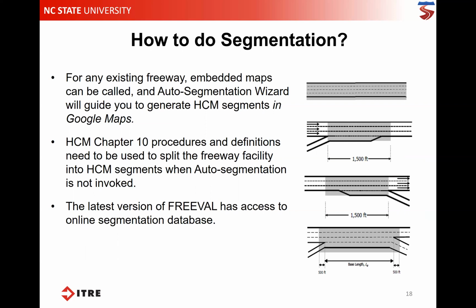If you do have a database, then obviously it will do that by itself. In addition, if you want to look for support, HCM Chapter 10 gives a very good definition of how to split the freeway into HCM segments if you do not use those other tools or utilities.